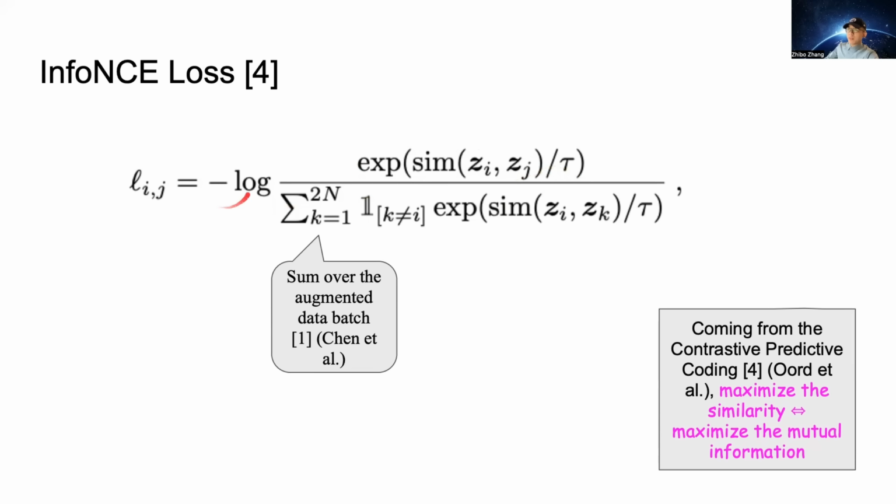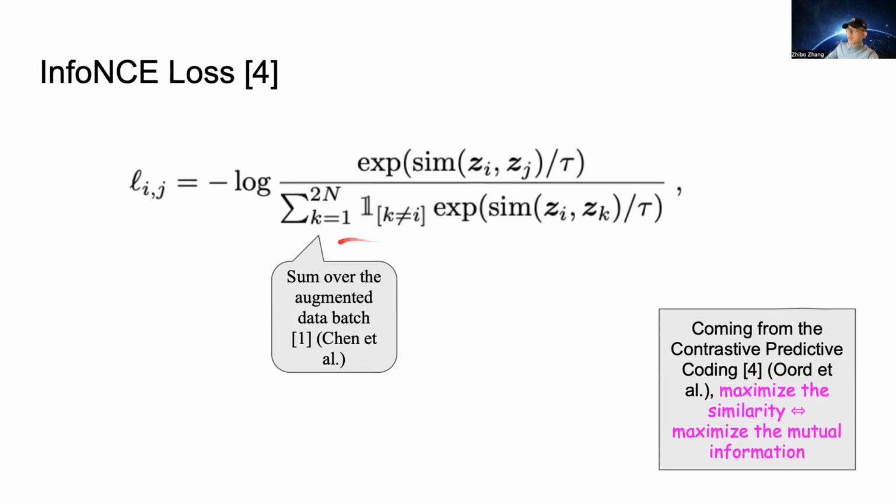Okay, and because there's a negative block here, the loss is going to be small. So this loss actually encourages high similarity among similar instances. And in the denominator, for the instance I, it goes through each remaining instance in the data batch except itself.